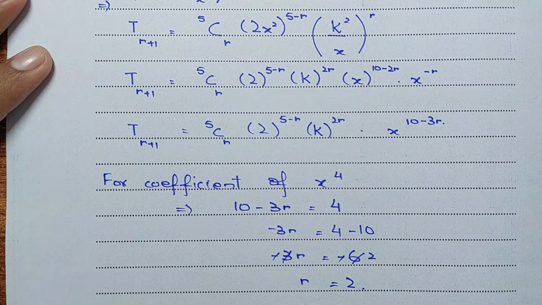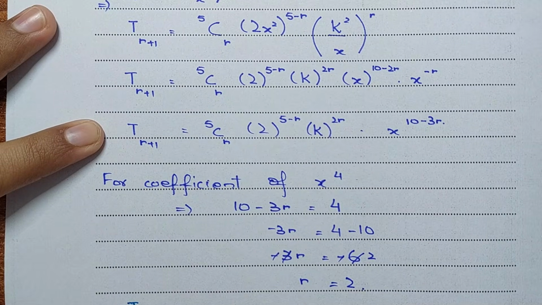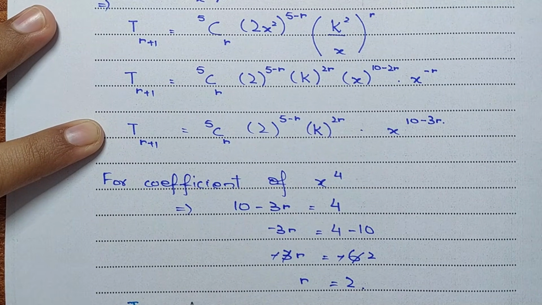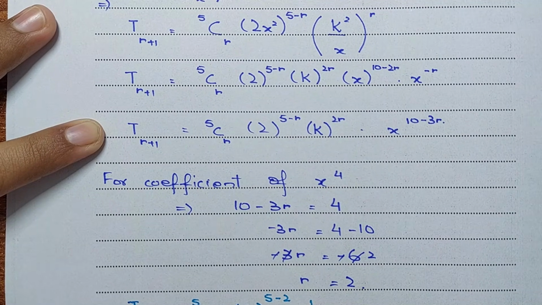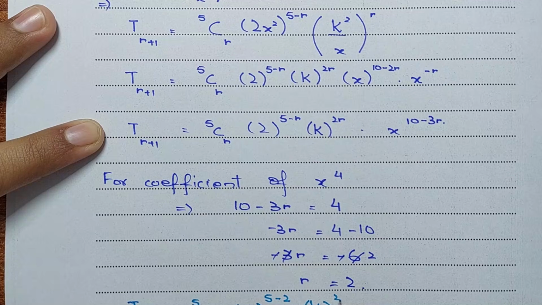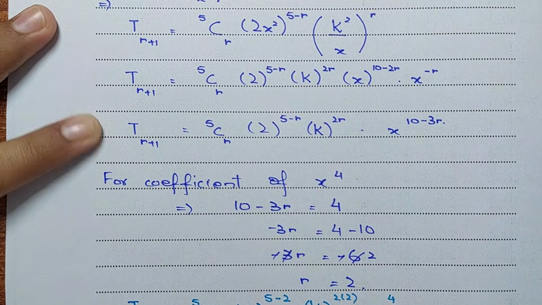So just substitute r equals 2 and you will get it. T(2 plus 1), which is T3, equals 5C2 times 2 to the power of 5 minus 2, k to the power of 2 into 2, and here x to the power 4.